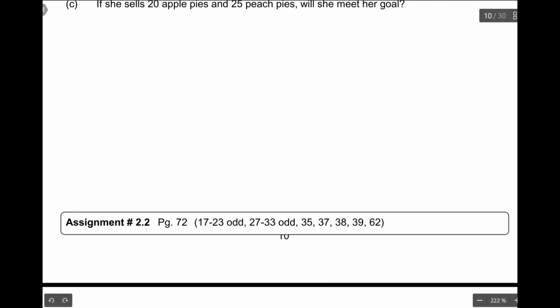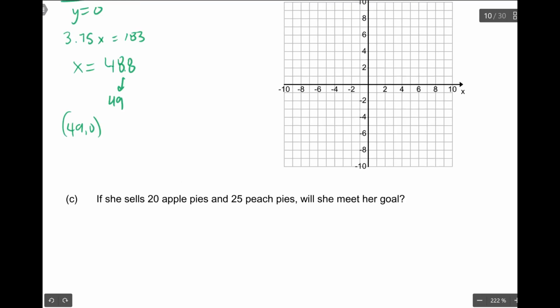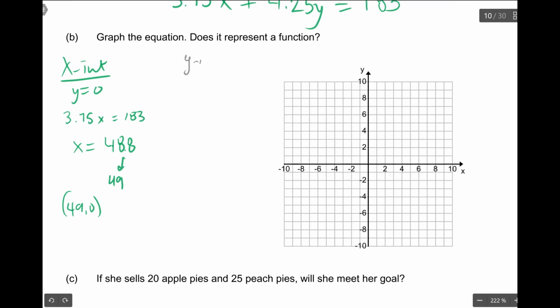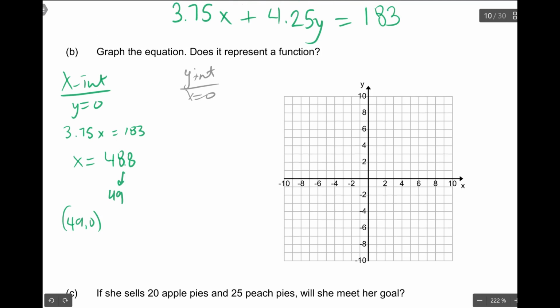Let's check out the y-intercept. That's where x is equal to 0. So I'm going to plug in 0 for x. 4.25y is equal to 183. Divide by 4.25 on both sides. y is going to equal 43.058.